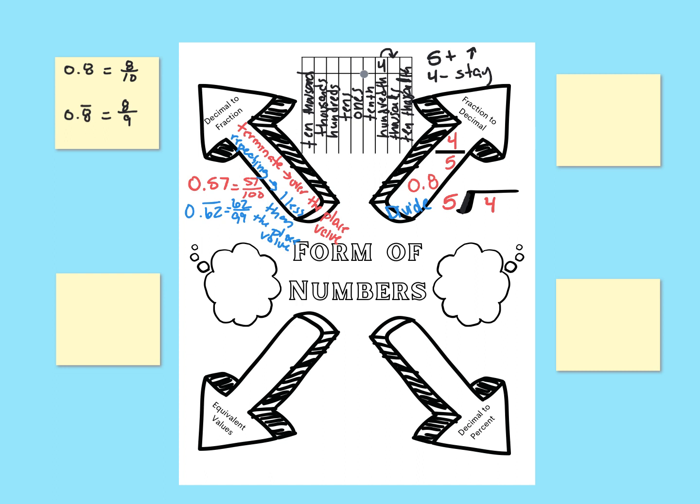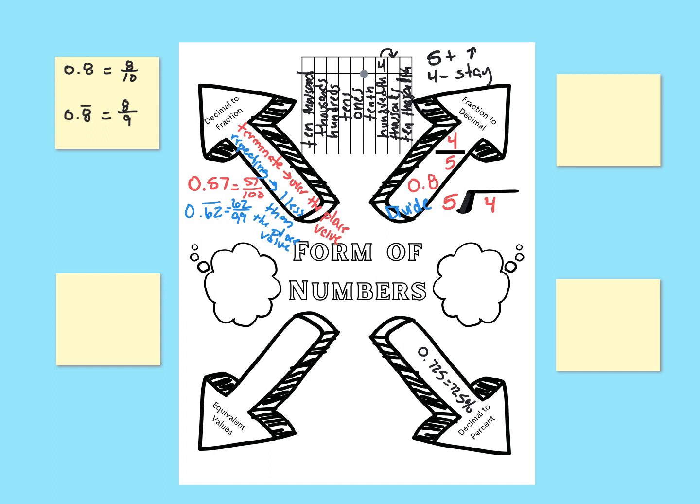And then let's do decimal to percent. So if I want to turn, for example, the decimal 0.725, this would be equal to 72.5%.